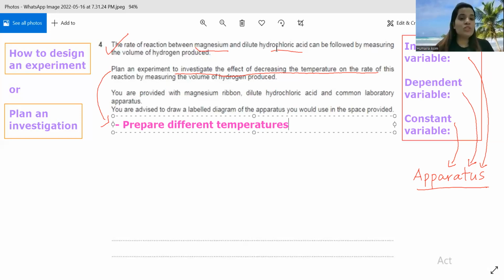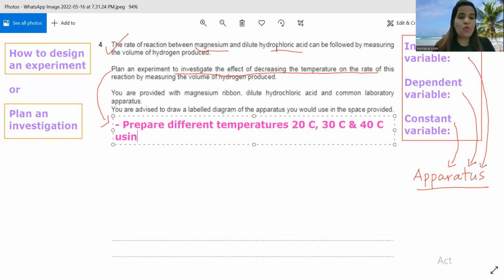For example, which one you are saying? Okay, you may talk about 20 degrees Celsius, 30 degrees Celsius, and 40 degrees Celsius. 3 to 5 different ranges you can give. Now how you are going to do? Using water baths.